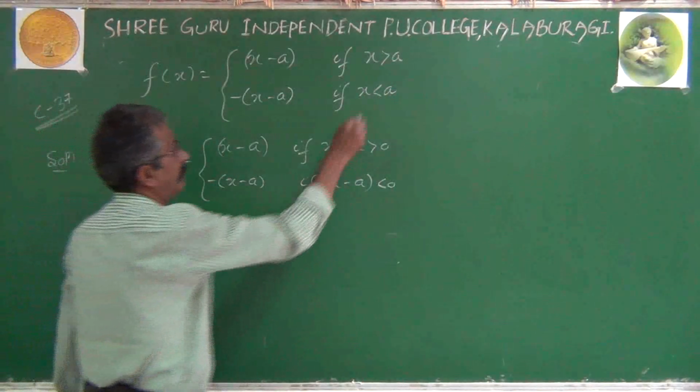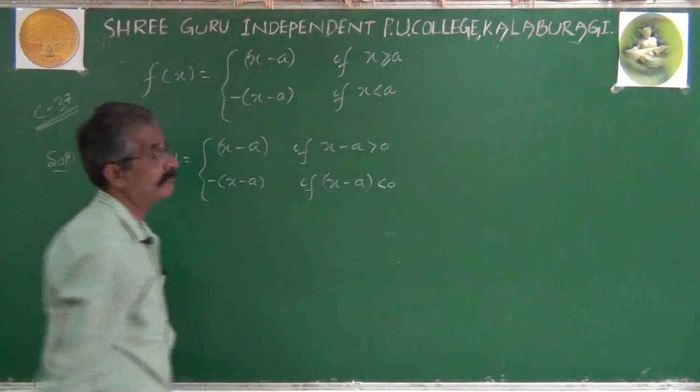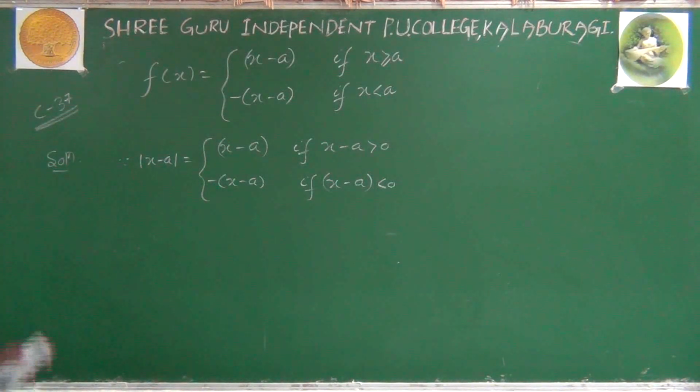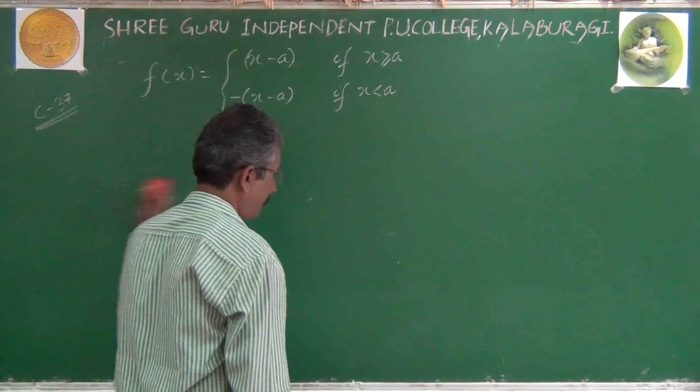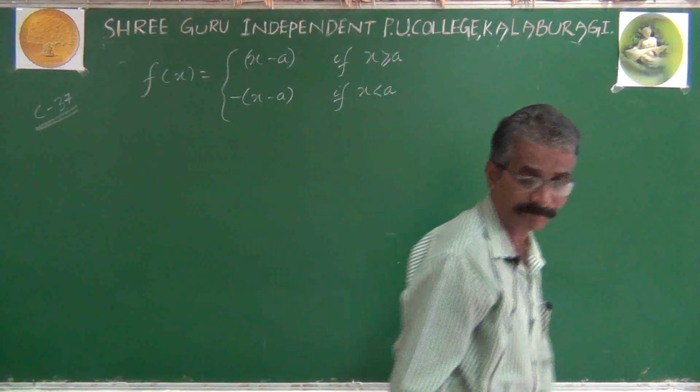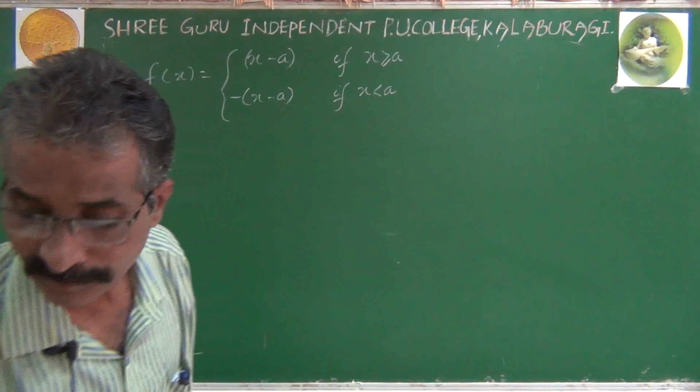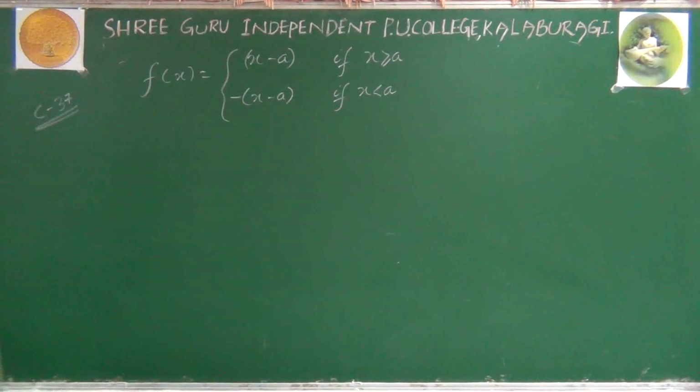You can add x greater than or equal to here if you want. We shall first test continuity, then we shall test differentiability for the same function. First part continuity, second part differentiability. First part, continuity.